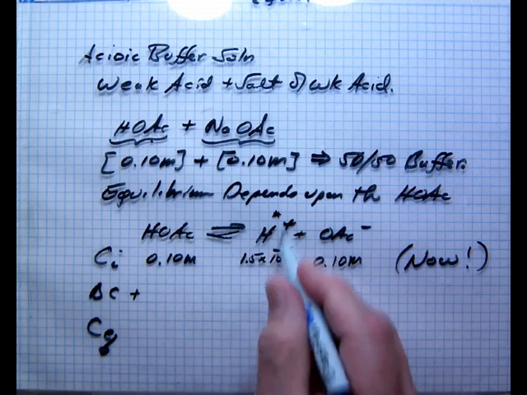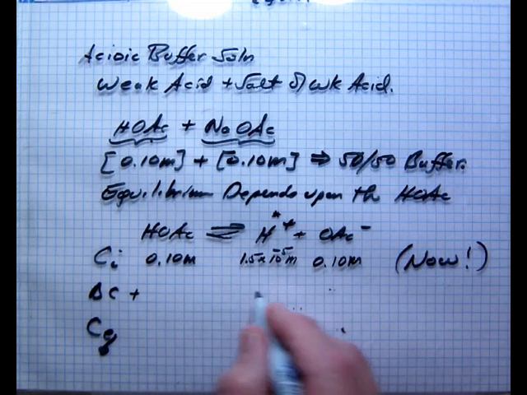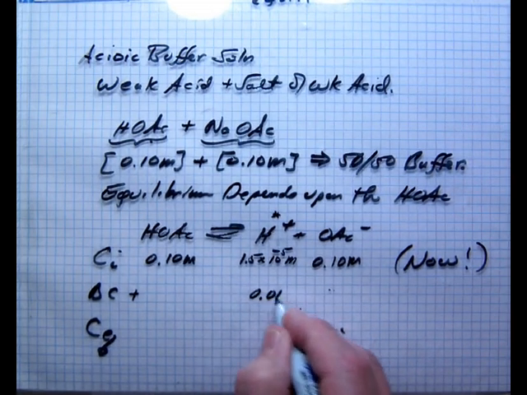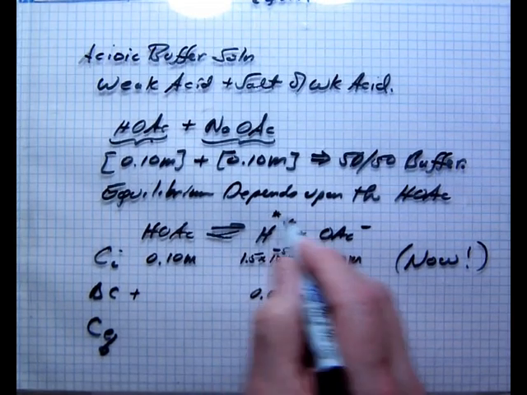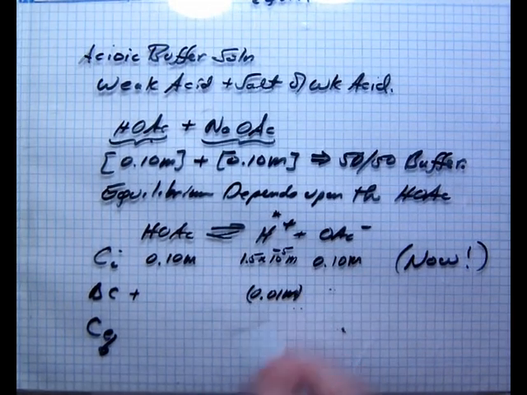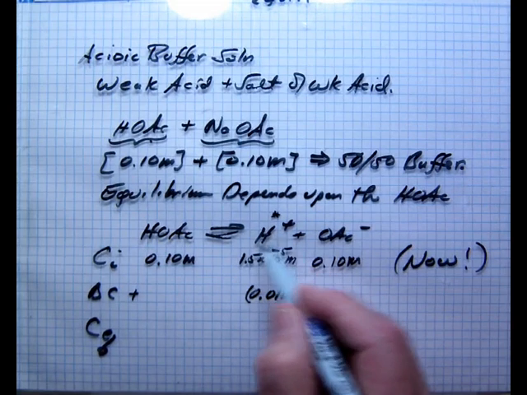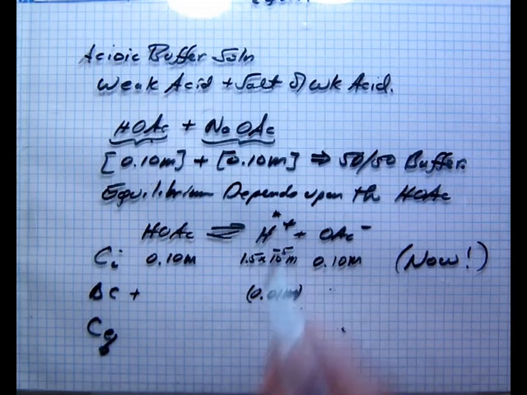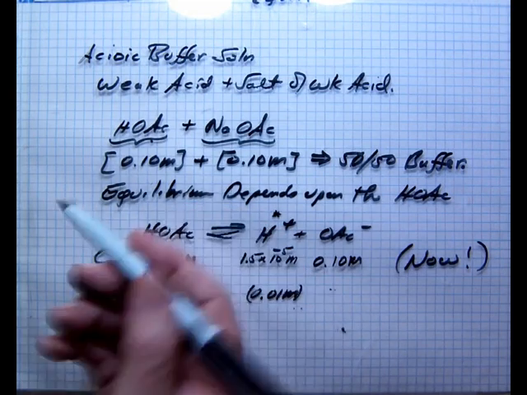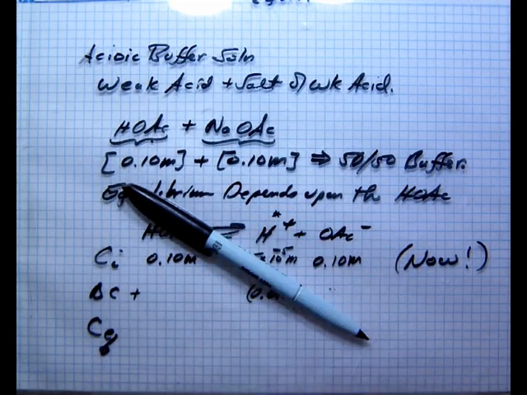Okay, so if we put some extra H's in, let's say we put a 0.01 molar extra right here in acid. Well, that destroys the equilibrium because our seesaw now is too heavy right here. Okay, so you'll see the equilibrium tilt like that. Now, logically, you would have the reaction shift to the left, which it does.